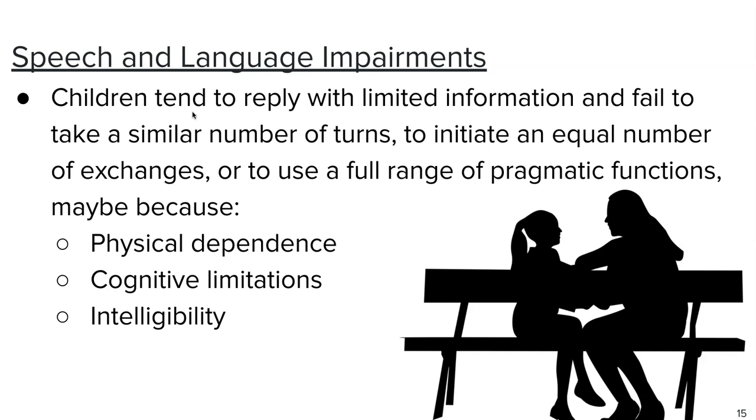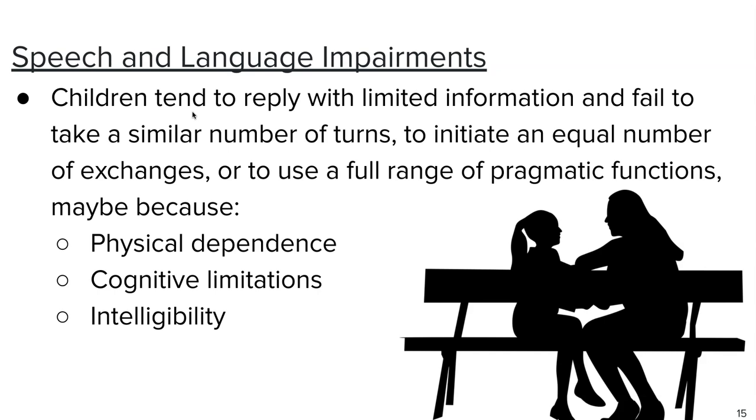Children with CP tend to reply with limited information and fail to take a similar number of turns, to initiate an equal number of exchanges, or to use a full range of pragmatic functions, because of that physical dependency. You might have shorter answers. You might be relying on others.